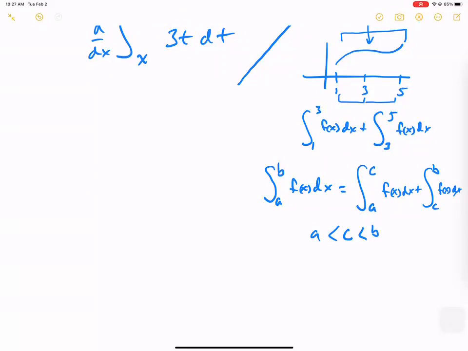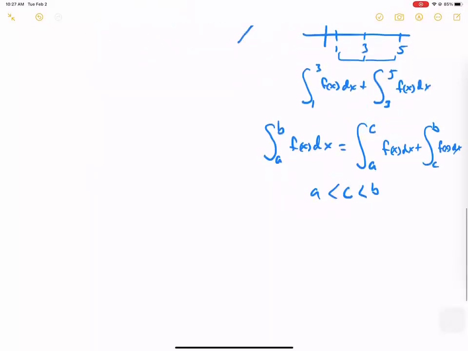So here's one of the cool things, that we can always separate an integral into multiple parts along the way. Here's another cool thing. Imagine if I gave you a graph, and one graph is up here, and the other graph is down here.